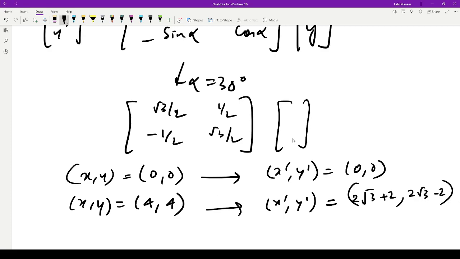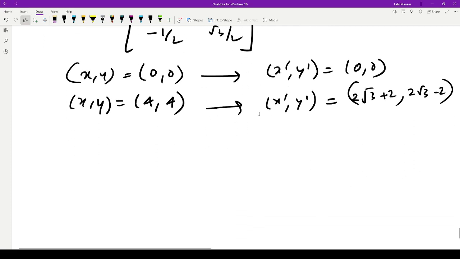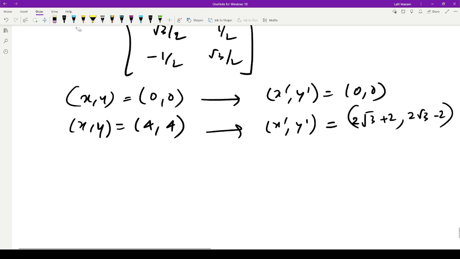Just multiplying here with 4 comma 4. Agreed? Any doubts in this question? So these are the two extreme points of the rotated line.